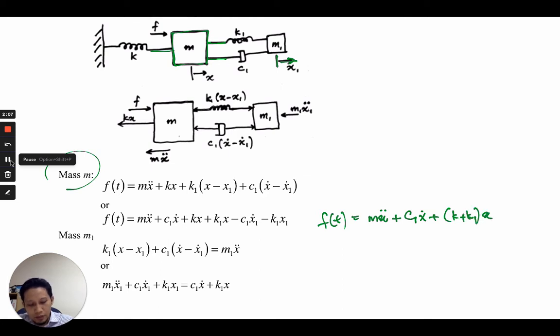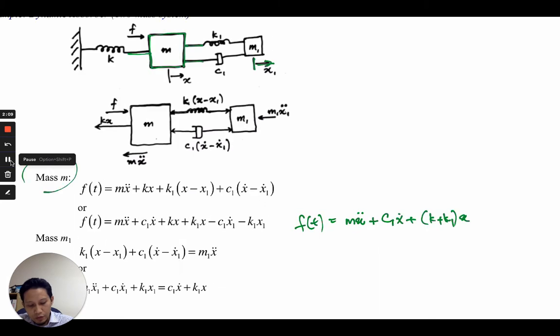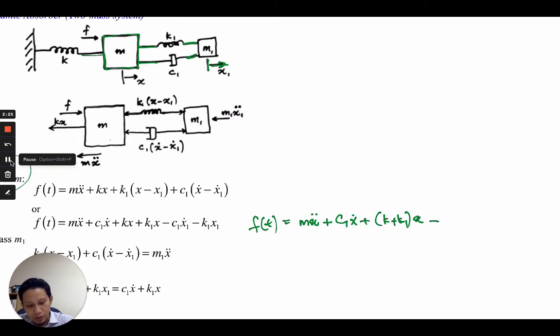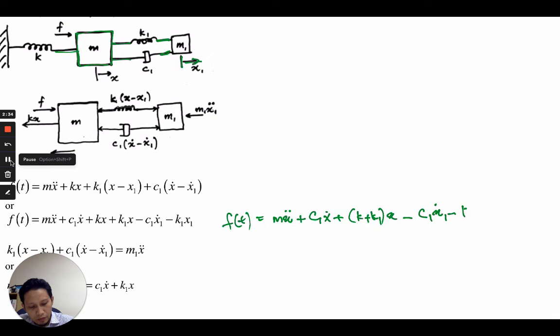Then we need to consider the motion due to M1, with K1 and C1. So minus C1 x1 dot minus K1 x1.